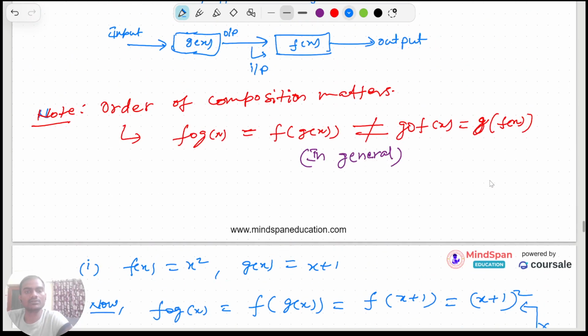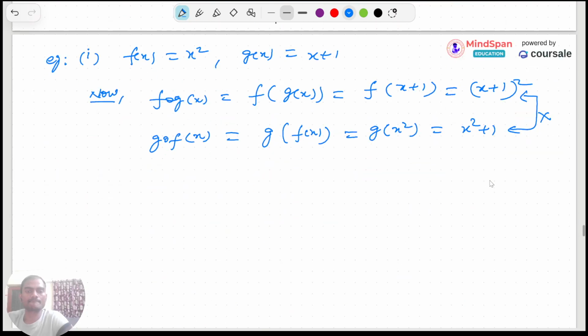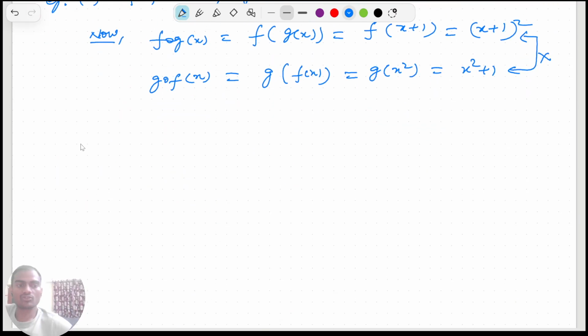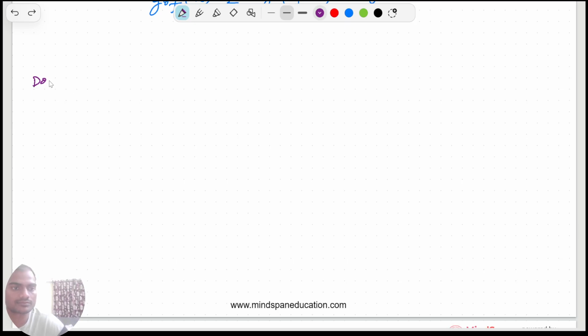Now for this function, if we talk about domain and range, then what are we going to get? Domain and range of composition of functions, the composite function.